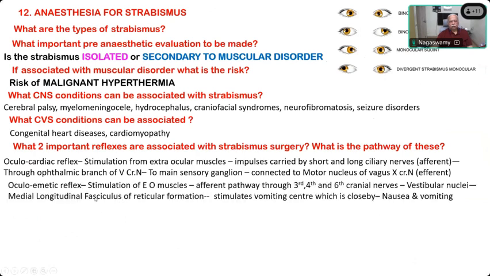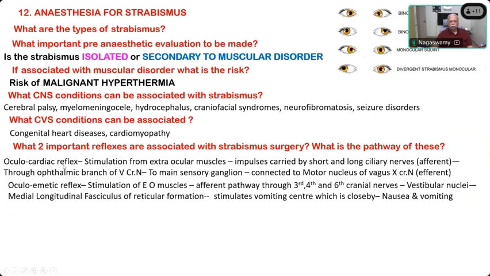The oculoemetic reflex is again stimulation of extraocular muscles. The afferent pathway is through the three motor nerves, third, fourth, and sixth cranial nerves, which go to the vestibular nuclei, which again goes to the medial longitudinal fasciculus of the reticular formation, and this stimulates the vomiting center, which is close by, and that results in nausea and vomiting.